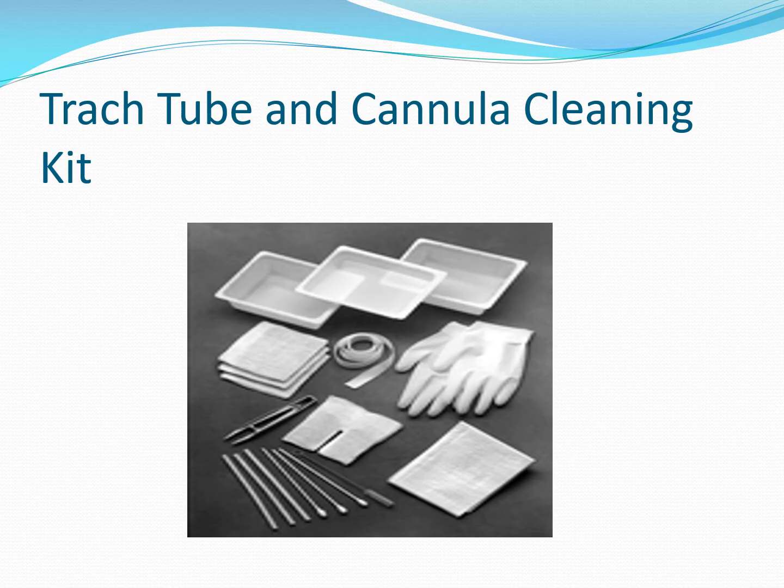And then you'll see a brush that can be advanced through the inside of the intercannula to get any mucus and debris off of it, but also to clean it, including going through a fenestration if that tube happens to have a fenestration. You'll also see gauze pads in there for cleaning and drying, gloves for obvious reasons. Again, there is some variation from kit to kit, but this is pretty much what you'll see in a trach tube and trach intercannula cleaning kit.